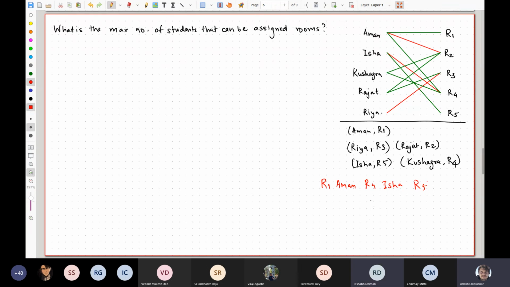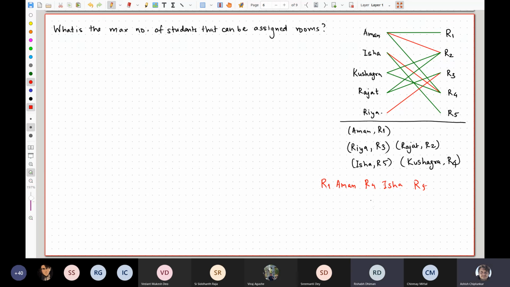If you flip all the edges, so R1 to Aman is... Sorry, R2. It starts with R2, not R1. Wait, I think I misread a bit. Yeah, sorry, this won't work. You are on the right track, but yes.